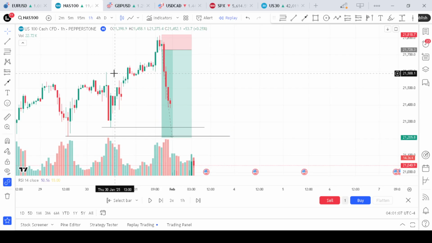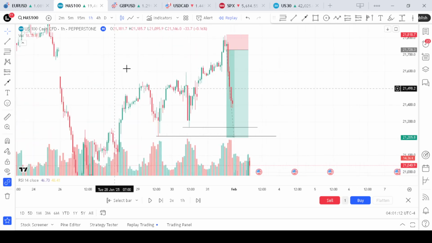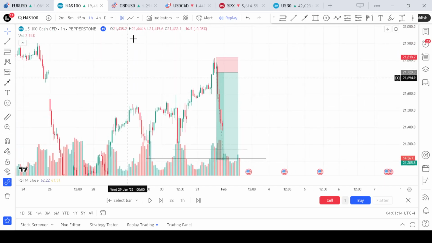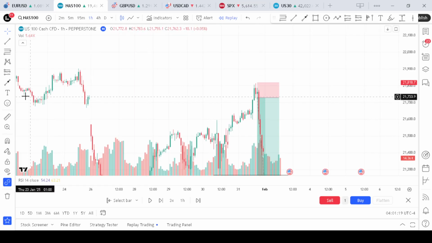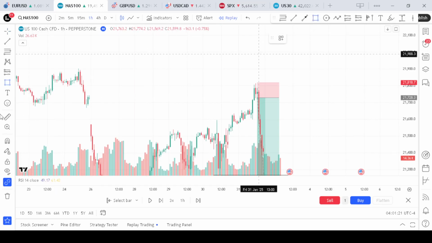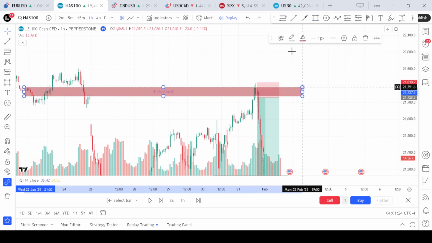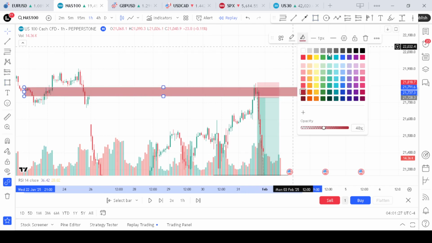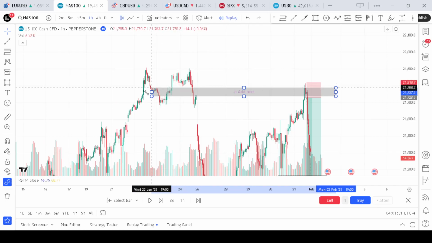This pattern works best at a resistance level after a strong uptrend. And if I mark out my resistance on this chart, we can see the market reacted from this area in price. You can see the way the market reacted from this resistance level.